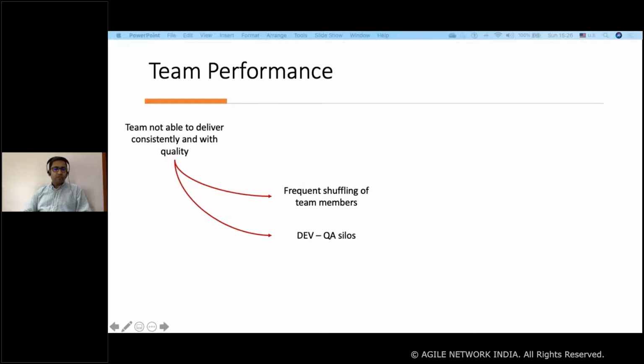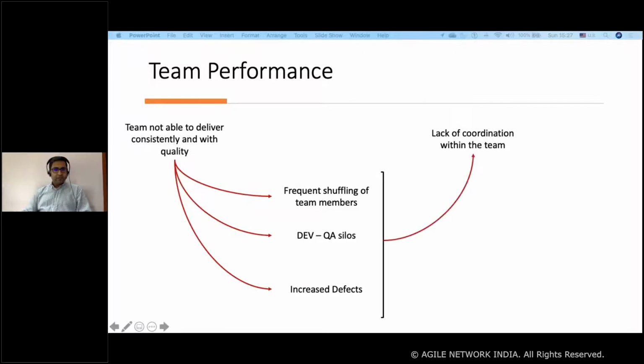QA were focusing more on test completion. And as a result, the quality was impacted. There were a lot of defects, because dev and QA were working on two totally different items. Dev was most probably ahead of the QA. We had those kind of scenarios.